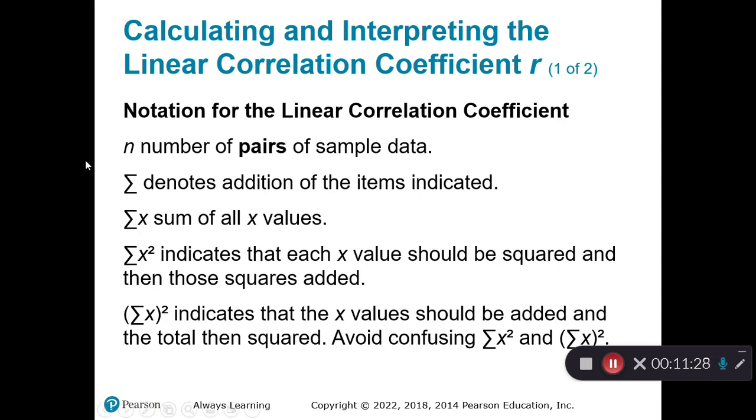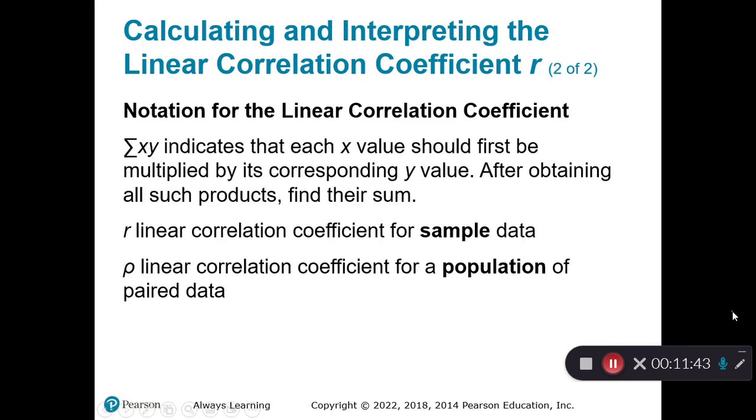Remember that this E looking symbol is a Greek letter. It's the capital letter sigma, which in mathematics designates sum or addition. So these are just some of the quantities that feed into that manual calculation of r. Here are some others.